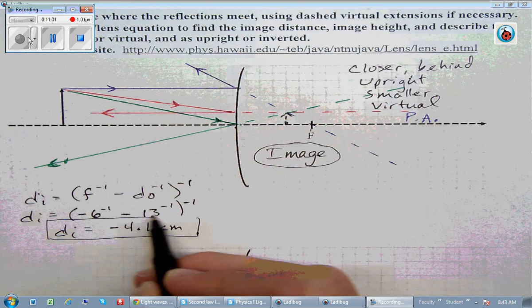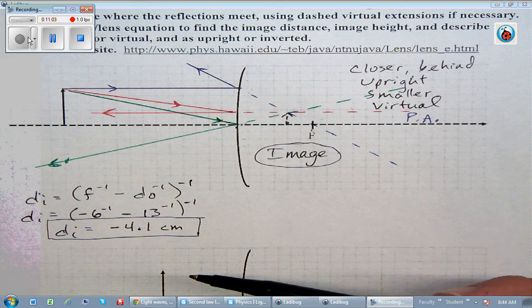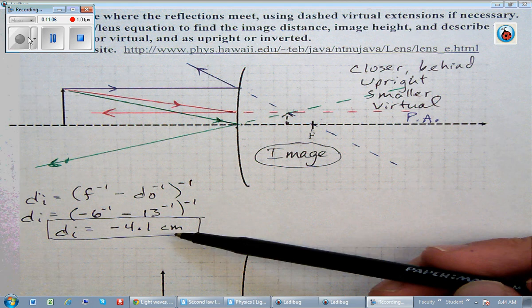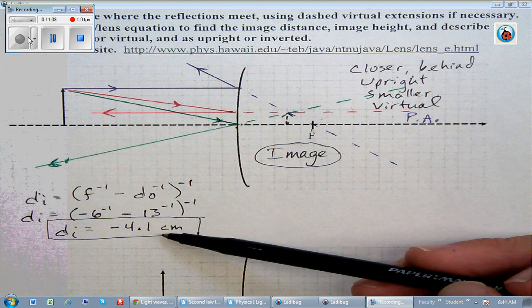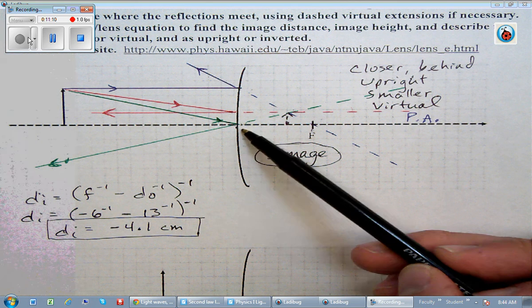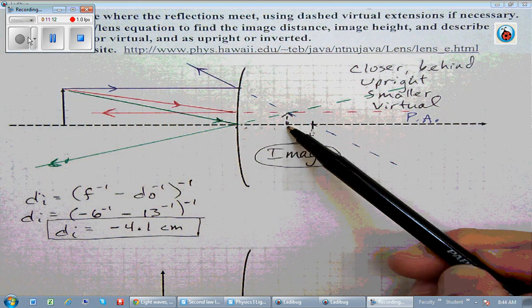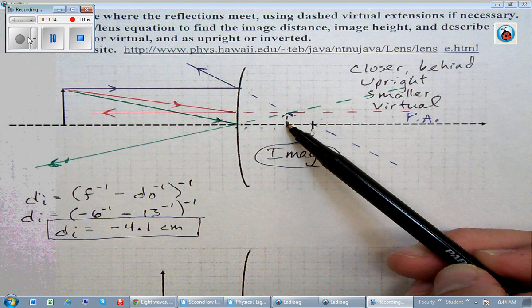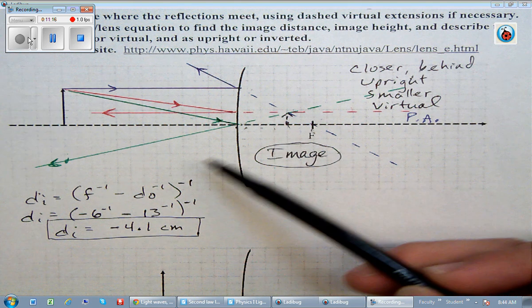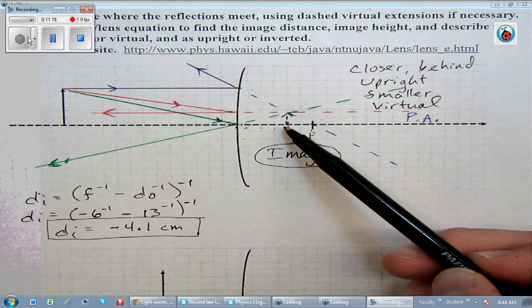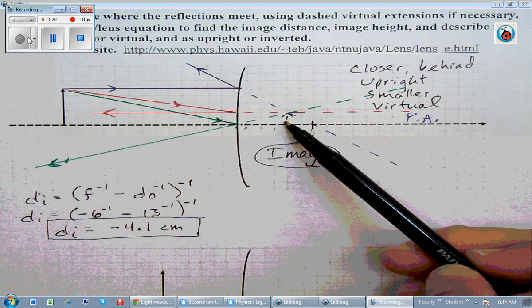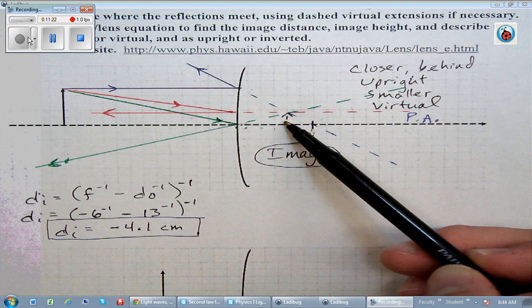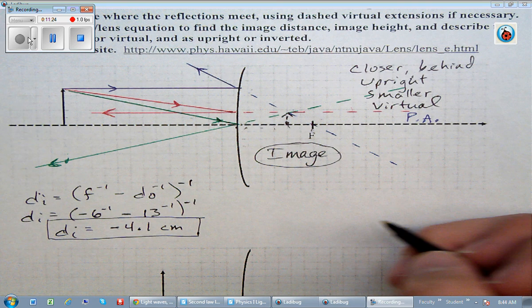And then you always want to stop and do a little check to make sure that this came out consistent with your diagram. So 4.1 centimeters from the mirror. 1, 2, 3, 4. That's real close to where my image ended up on the diagram. And the negative sign is correct because any negative image distance means it should be virtual. And that's exactly what I found before.